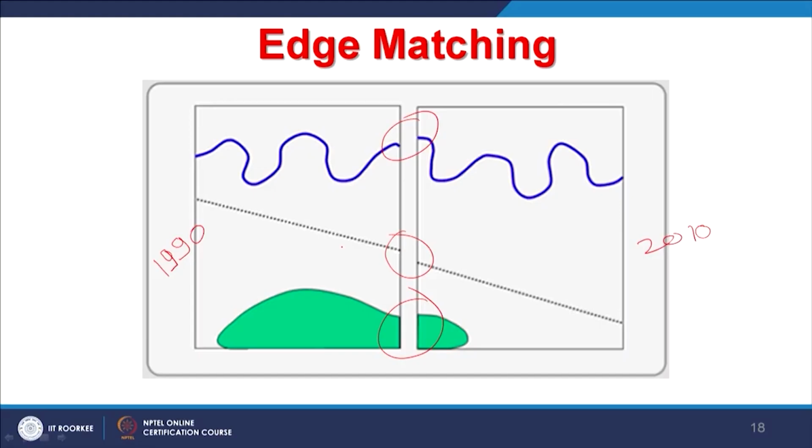So, this is a kind of surgical operation which one has to do manually. There are no automatic methods, no software has ever been developed like that. So, very manually when you vectorize or digitize the data, care is taken so that you continue with this one like this, you continue with this one like this, and also like this. So, the edge matching process has to be done manually.